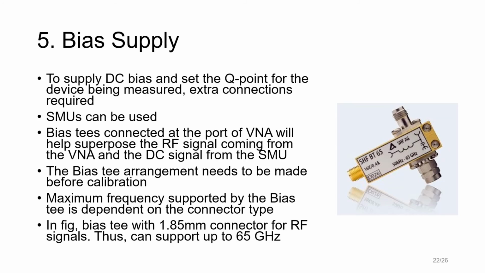Instead, we can provide both the RF as well as the DC voltages to these devices through the same GSG probes. To make this happen, we will need a special accessory known as the bias D. One input of the bias D can be the RF signal and the other input the DC signal for biasing. The third and output terminal of the bias D will give a superposition of the DC and RF signals that were given to it as an input.